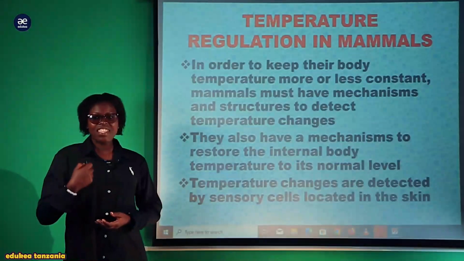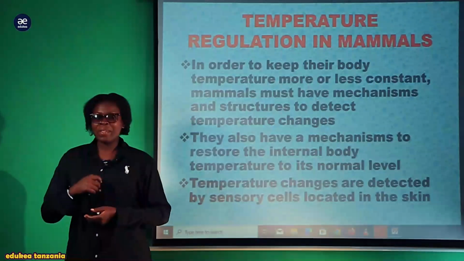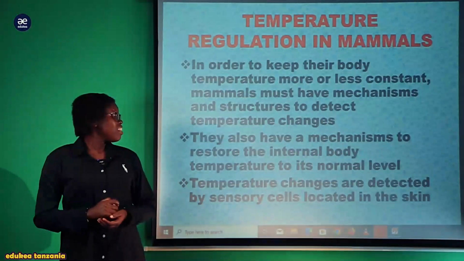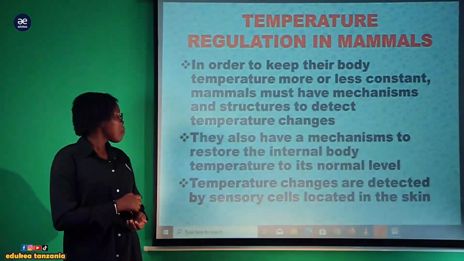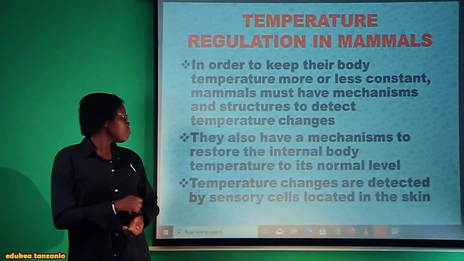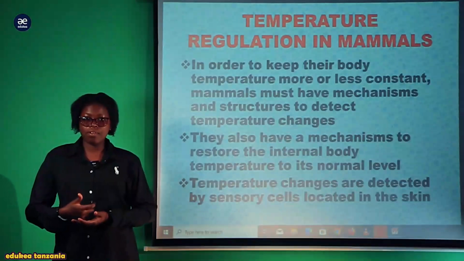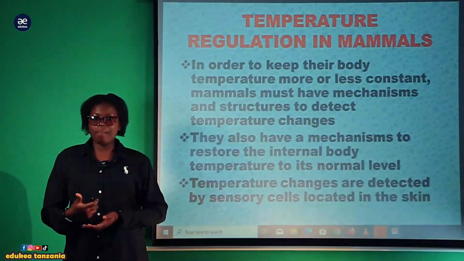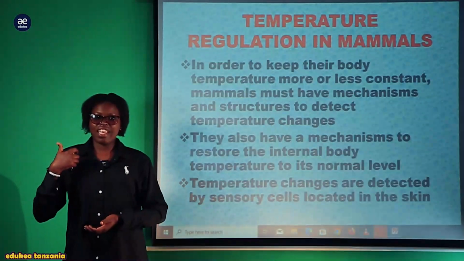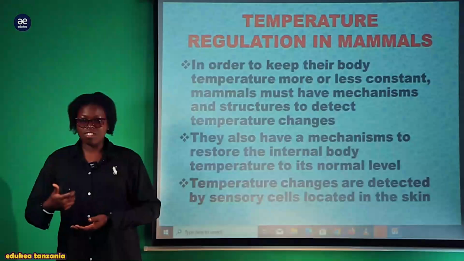Now, the temperature regulation in mammals. In order to keep their body temperature more or less constant, mammals must have mechanisms and structures to detect temperature changes. These mammals are examples of homotherms, organisms which are capable of regulating their internal body temperature despite fluctuation of external temperature.